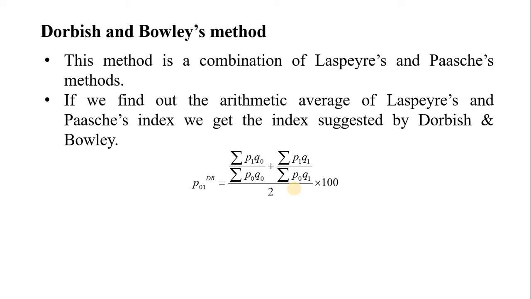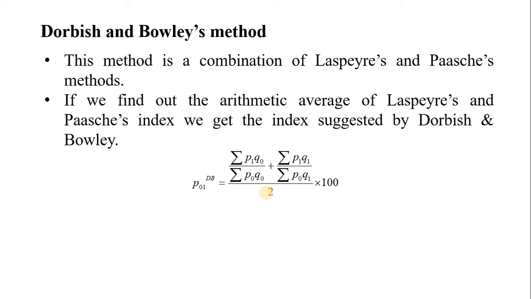So the first observation is sigma P1Q0 divided by sigma P0Q0, which is nothing but the Laspeyres method, plus sigma P1Q1 divided by sigma P0Q1, which is the Paasche method, then divided by 2. This is 1, this is 2, into 100.